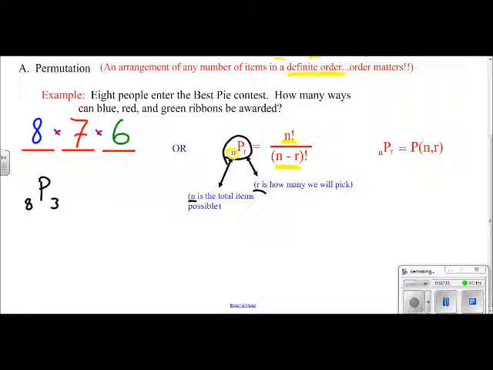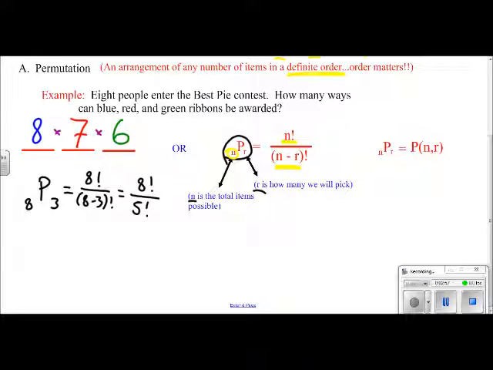Factorial basically just means multiply that number by all of the other whole numbers beneath it. So in this case we would have 8 factorial over 8 minus 3 factorial, which we can simplify to 8 factorial over 5 factorial.